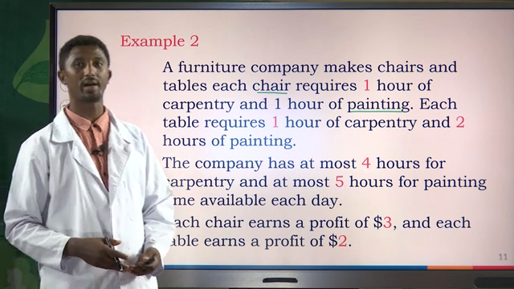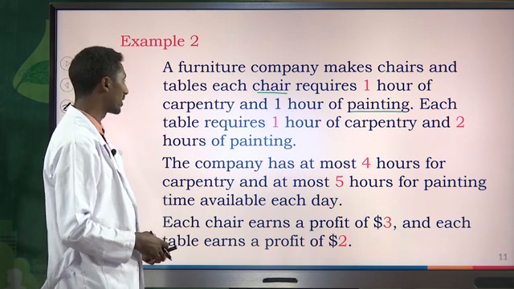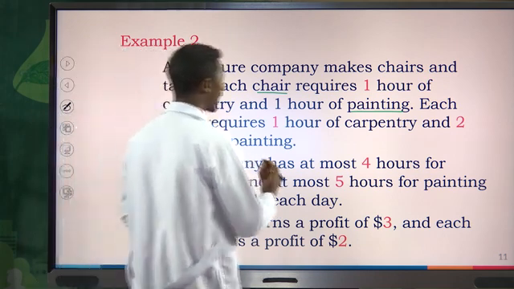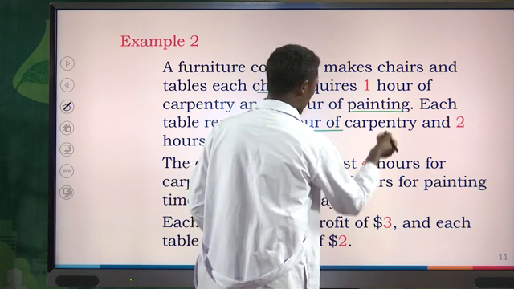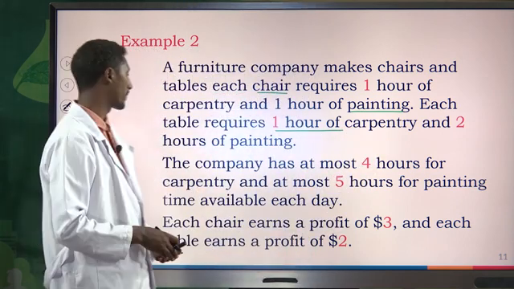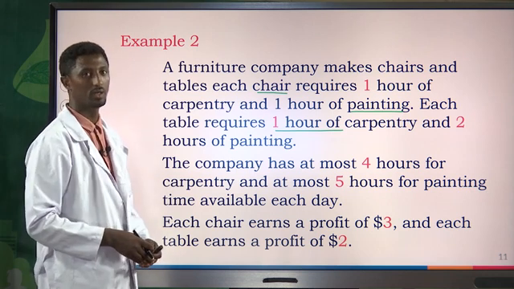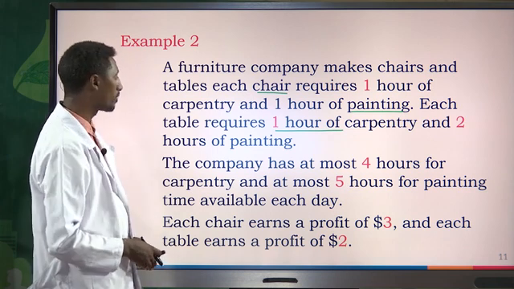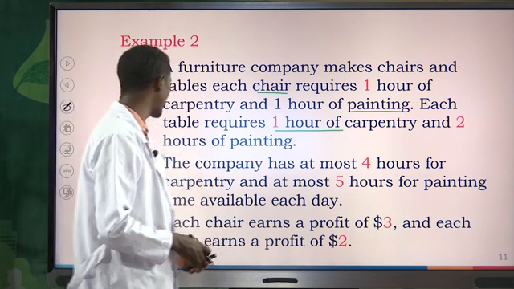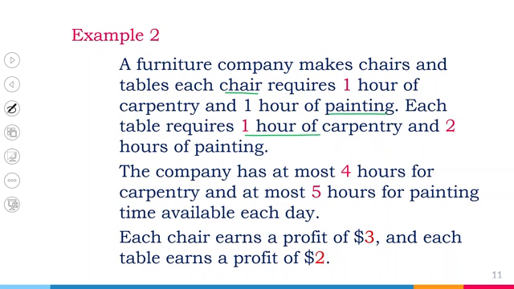Each chair requires 1 hour for carpentry and 1 hour for painting. And each table requires 1 hour for carpentry and 2 hours for painting. The company has at most 4 hours for carpentry and at most 5 hours for painting available each day. Each chair earns a profit of $3 and each table earns a profit of $2.